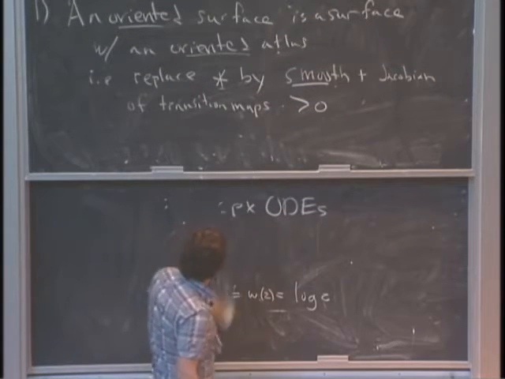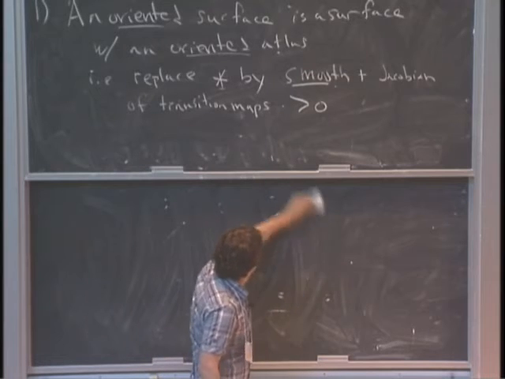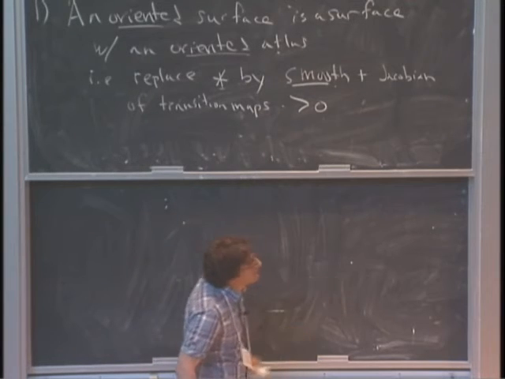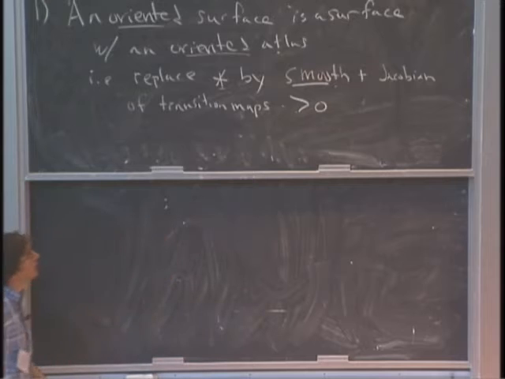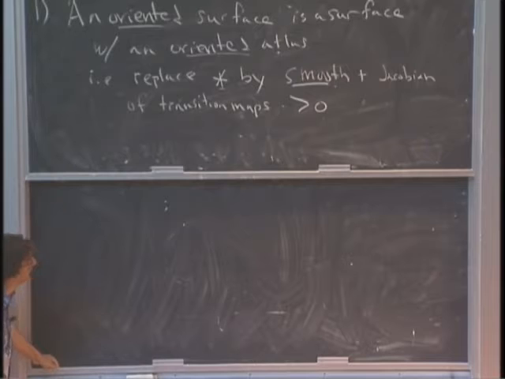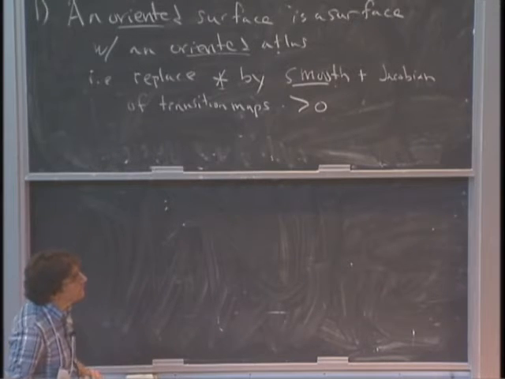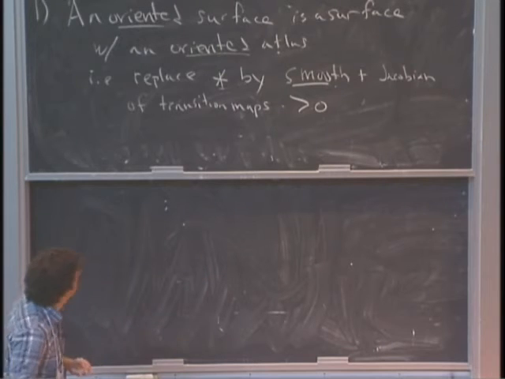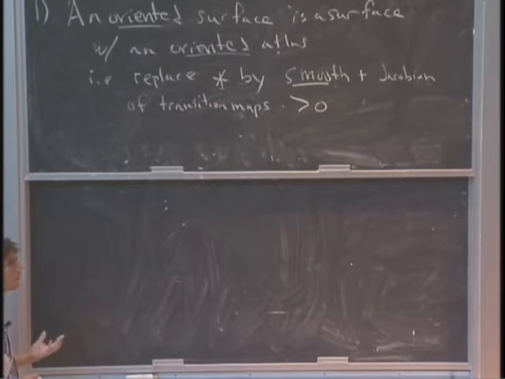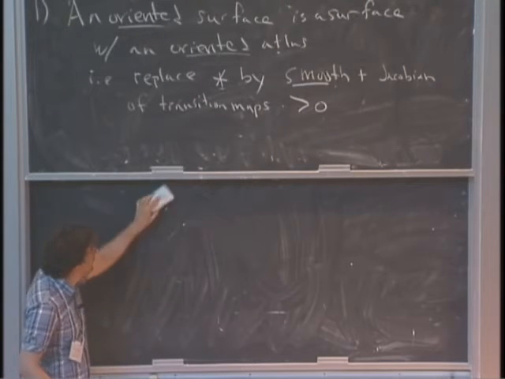Okay, so again, making the restriction of smooth is pretty flabby, and putting this condition of positive Jacobian is still pretty flabby. So one can go to a really extreme case, which is to restrict these transition maps to be isometries. There's an infinite dimensional space of smooth maps, but there's really just a finite dimensional space of isometries.